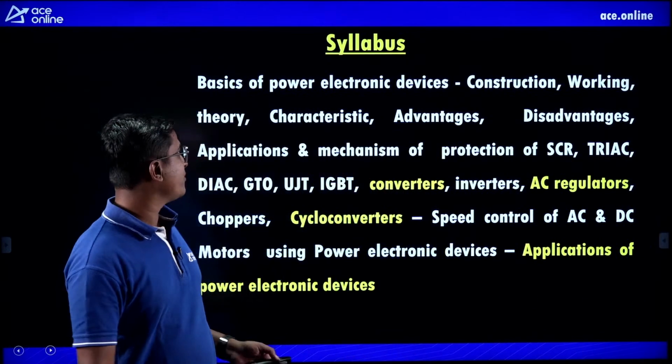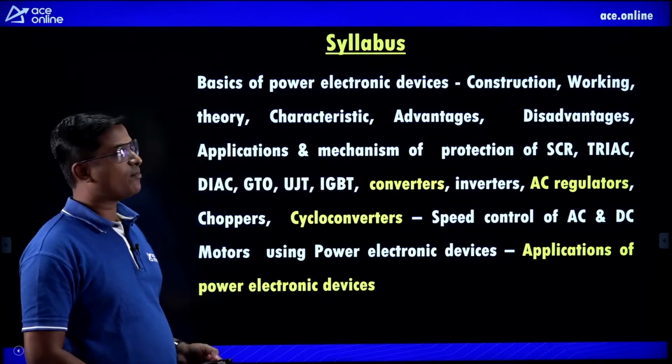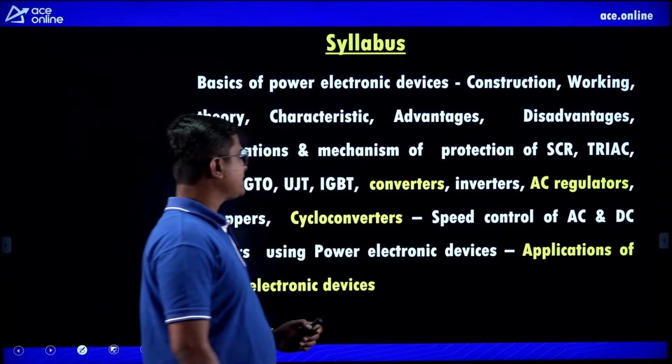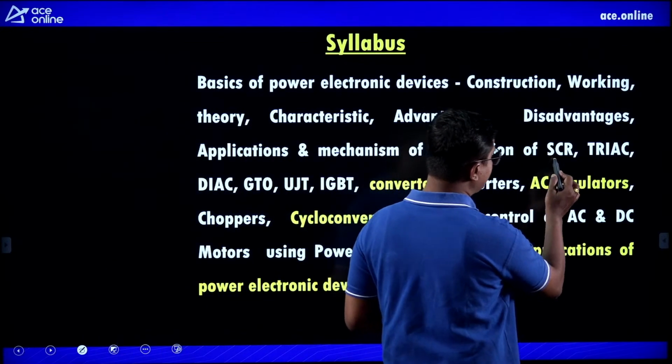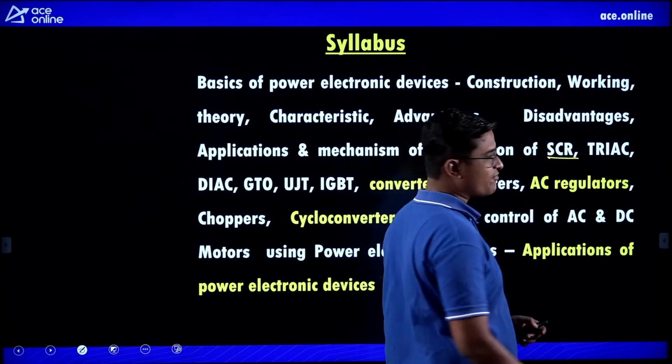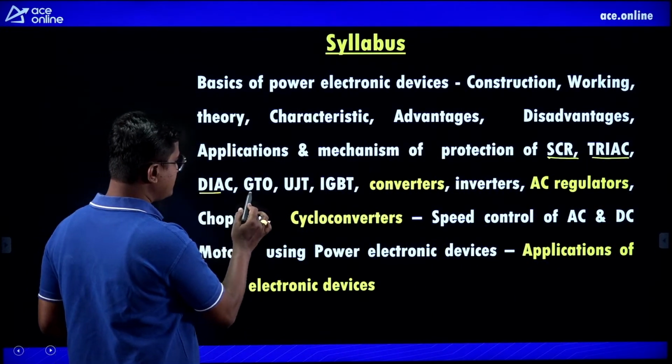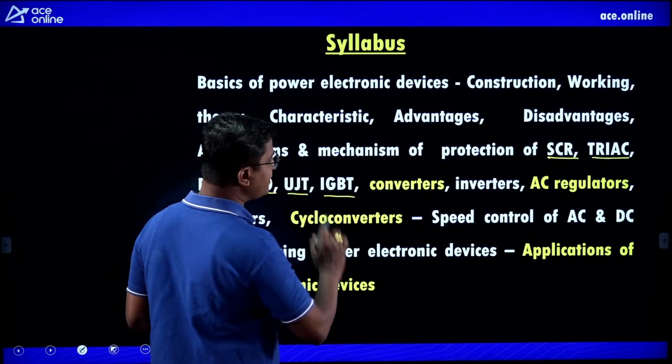In the syllabus they have given basics of power electronic devices, and the devices they have added are SCR, that is silicon controlled rectifier, TRIAC, DIAC, GTO, UJT and IGBT.